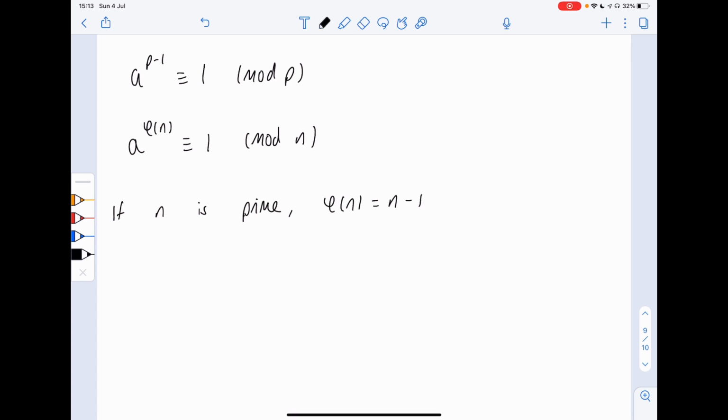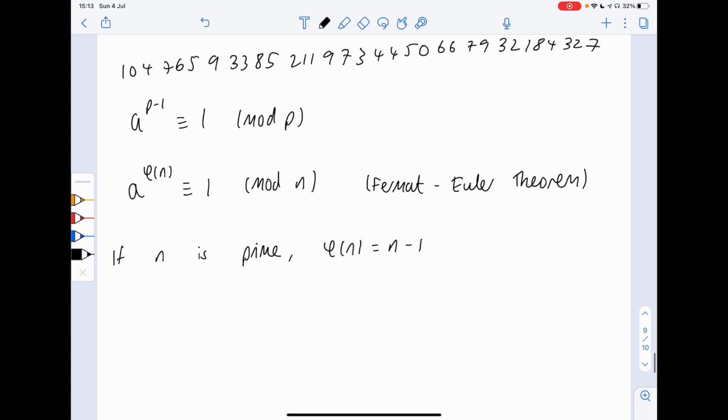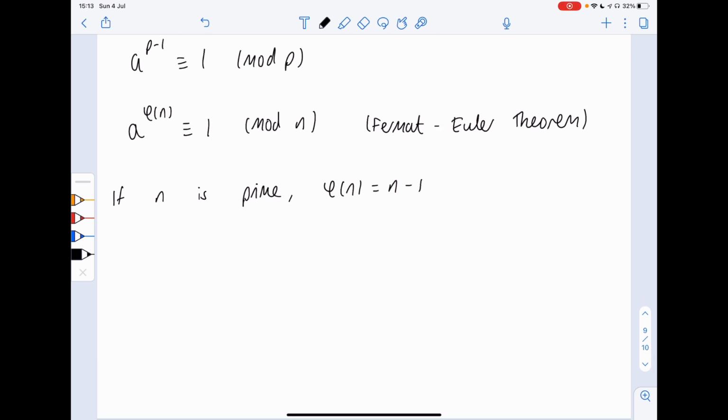This translates into what we had before, right? If n is not prime, you just kind of have to believe me, we can find this number. There is a number that this always works for. So this is something called the Fermat-Euler theorem. Okay, this is just an assumption we have to make, and that's fine. The details aren't very important. It's a very similar thing to Fermat's Little Theorem, just a slight generalization of it.